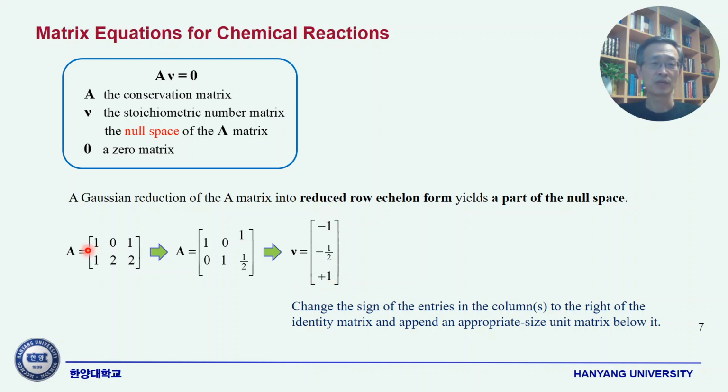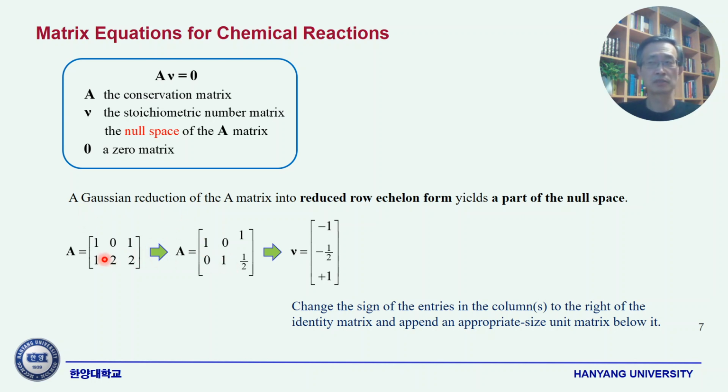How does it work? Reduced row echelon form is just like this one. So 1 and 1 are the pivots in the diagonal form, and the rest is the reduced row echelon form. So how do you obtain this by Gaussian reduction?